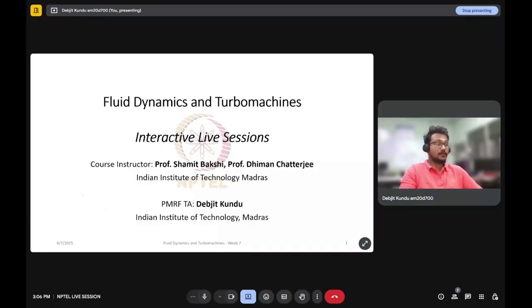So, week 7, our discussions have been focused on understanding the components, functioning and performance of hydraulic turbo machines. On the one side, we had hydro pumps, meaning pumps which are used to raise the pressure and deliver water.